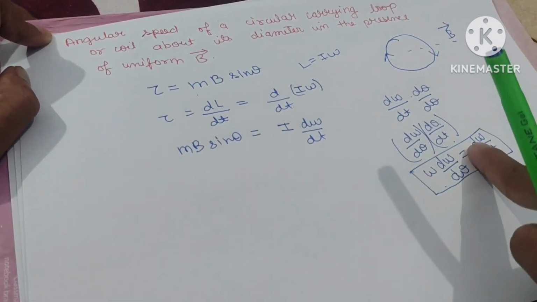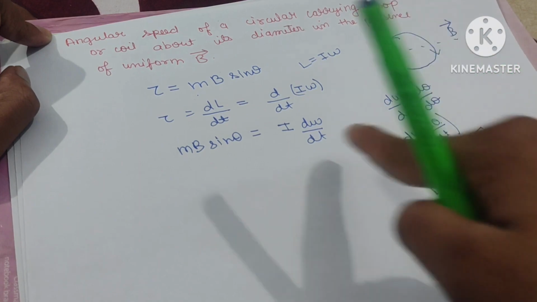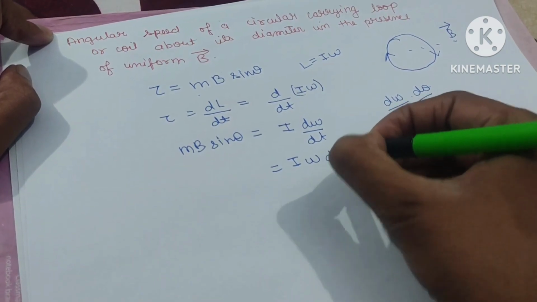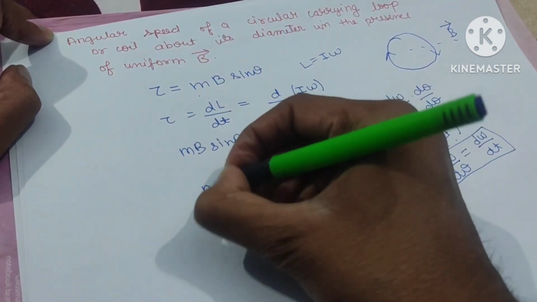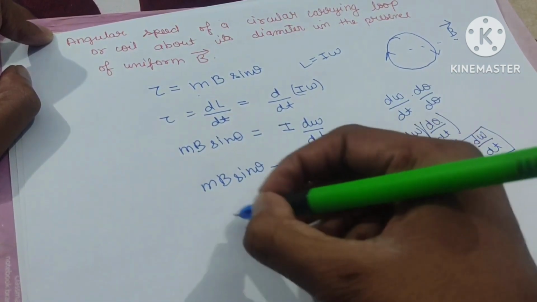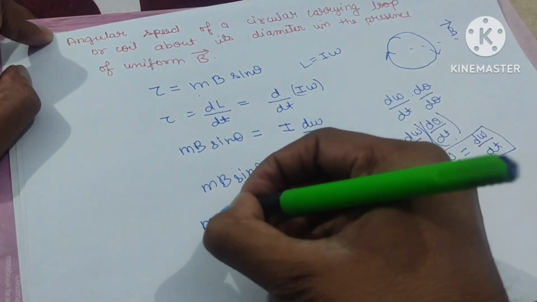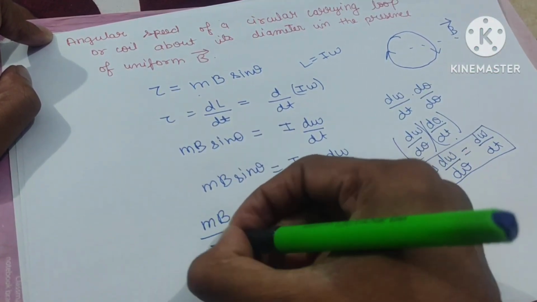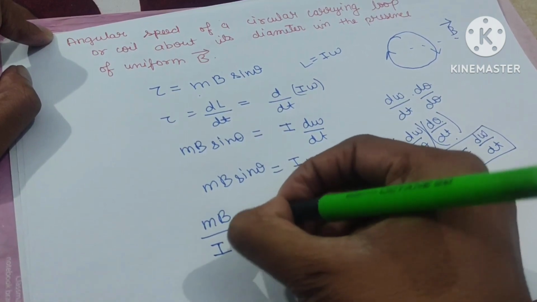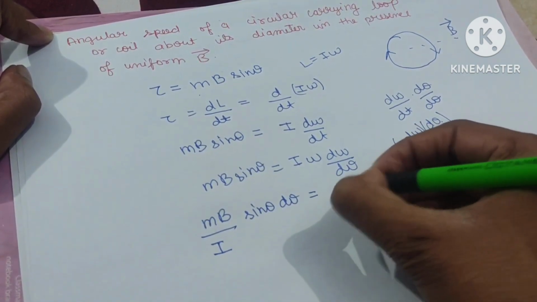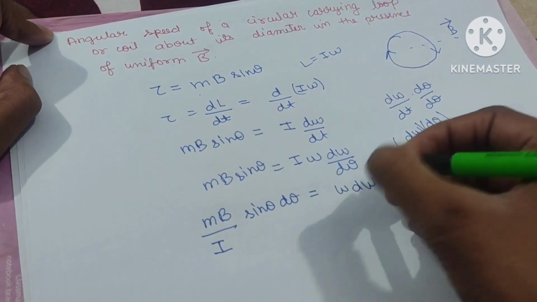Instead of d omega by dt, you can write I omega d omega by d theta equals mB sine theta. Now cross multiplying, we have I omega d omega equals mB sine theta d theta. So we are left with omega d omega.